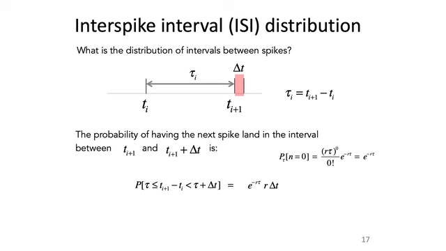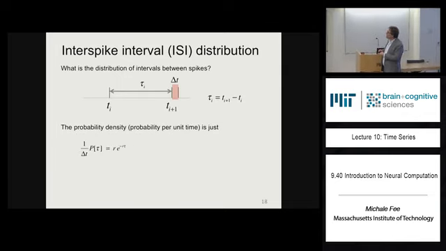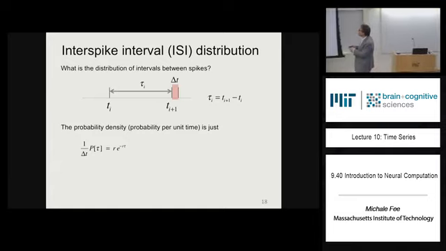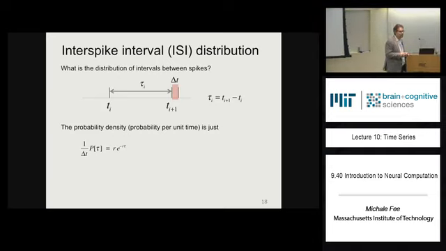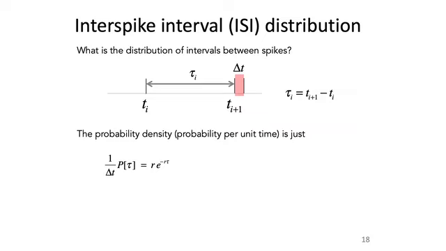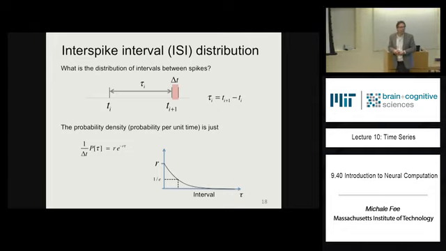Okay, good. So that's the probability of having no spike from here to here and having a spike in the next little delta t. We can now calculate what's called a probability density. It's the probability per unit time of having interspike intervals of that duration. To do that, we just calculate the probability divided by delta t. And what you find is that the probability density of interspike intervals is just R e to the minus R tau, where tau is the spike interval. This is what that looks like for a Poisson process.